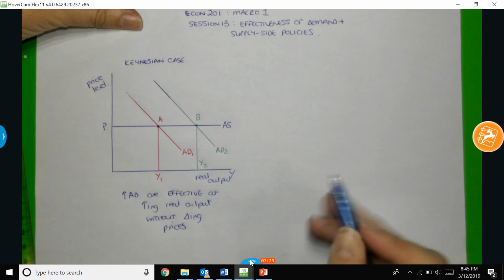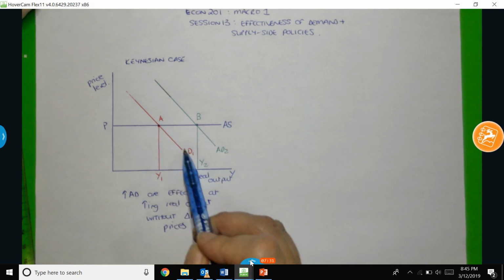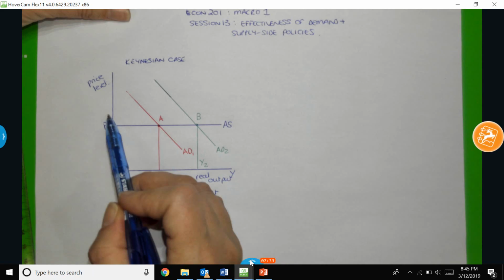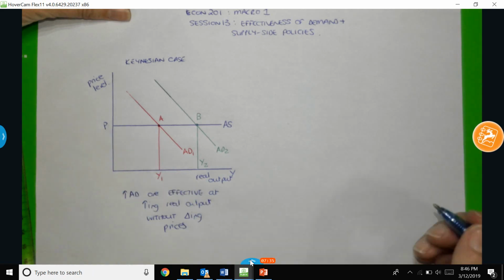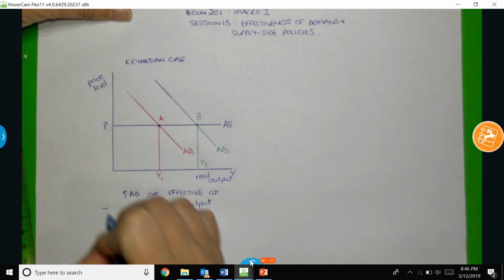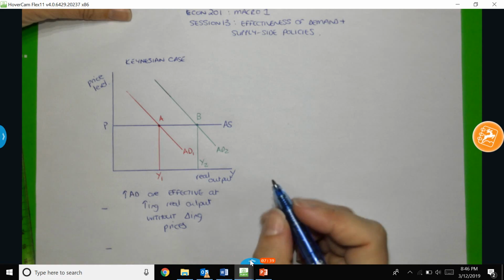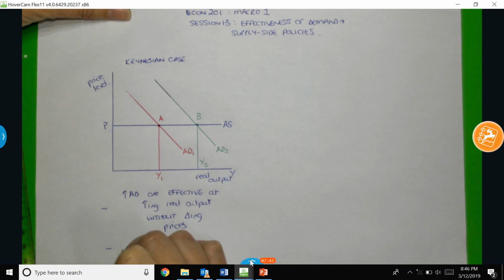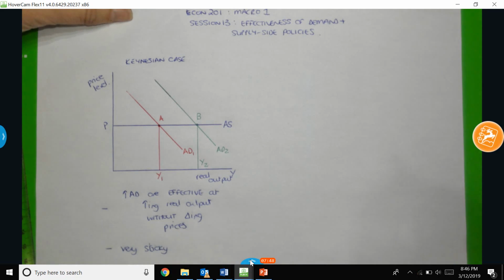Okay? And we can see that output increases when the demand for goods and services increases with no change in the price level. As I've mentioned in a previous slide, in the very short run, you'll sometimes see it referred to that prices are very sticky. In other words, prices are not changing in the short run.